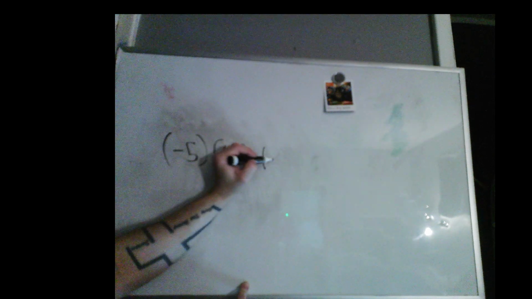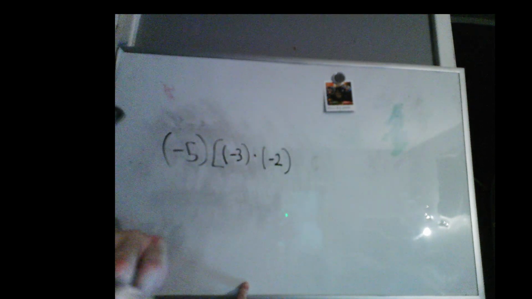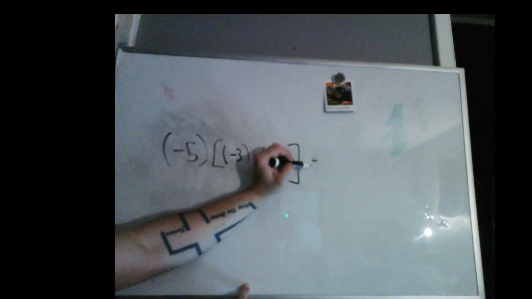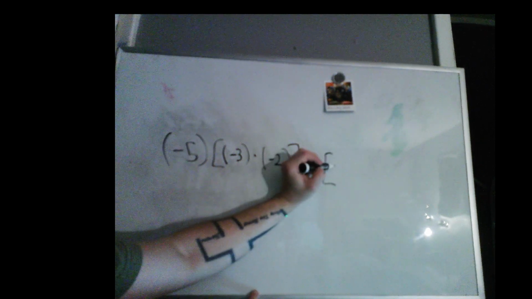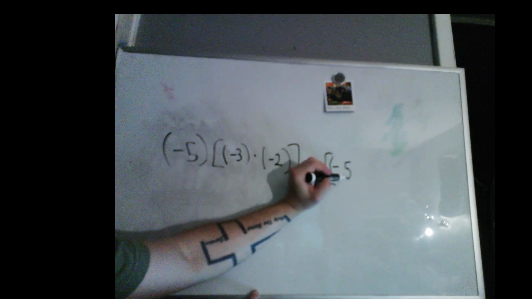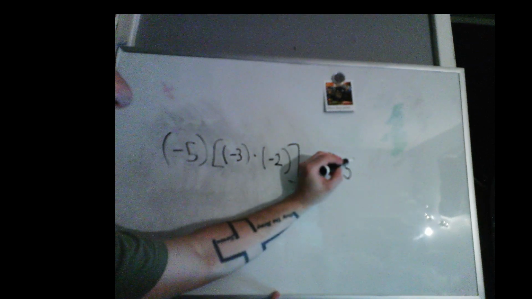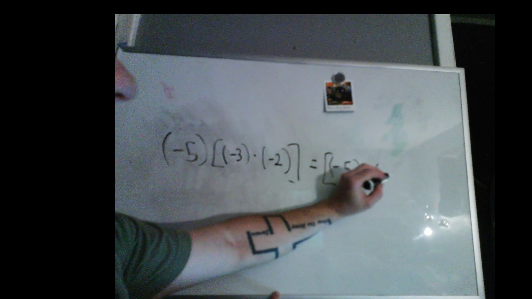Okay, the next equation is negative 5 times, in brackets, negative 3 times negative 2, equals negative 5 times negative 3, in brackets, times negative 2. I'll go to this on my whiteboard here.